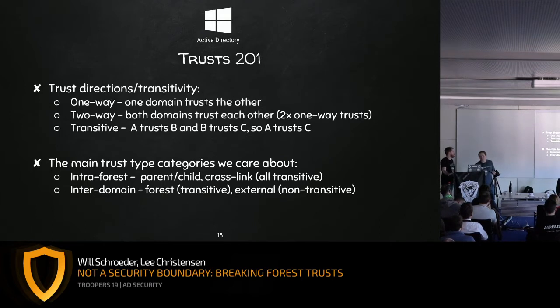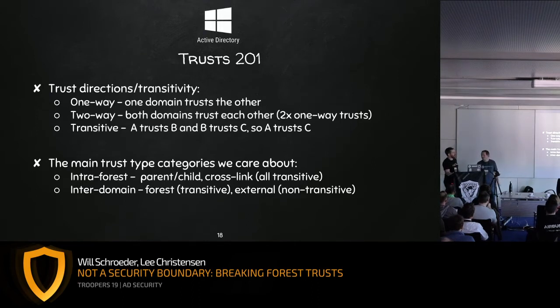Then you also have interdomain forest trusts. If you have multiple forests inside of your environment, you may create these forest trusts. Forest A may want to trust one of the domains in Forest B. Likewise, you may have an external trust as well. It's just another way that you can connect those two disparate forests together.